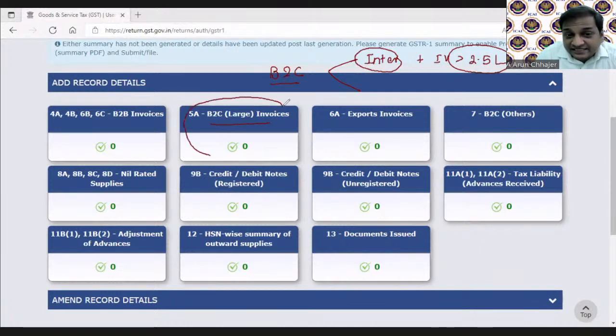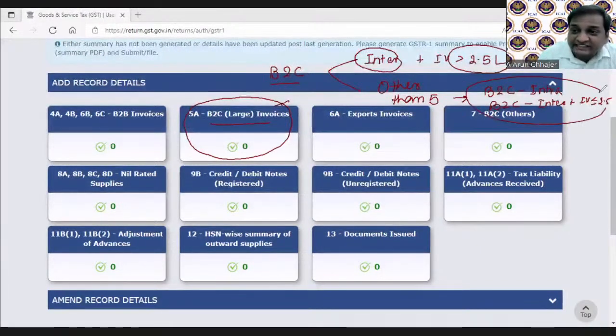GSTR1 is asking the information of invoice wise to be entered, but other than table 5, it means it can be B2C intra or it can be B2C inter but invoice value up to 2.5 lakh. It needs the consolidated information.